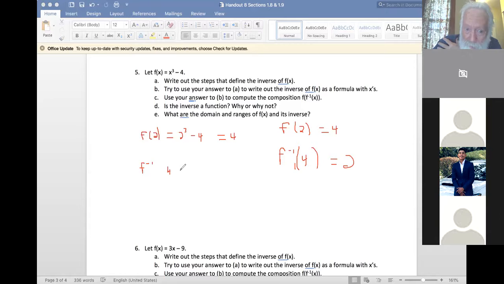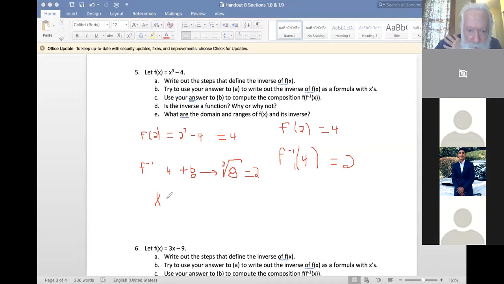Does that make sense? Yeah. Because that's the last thing I did. And then I have to take the cube root. So you just write it like that. And then what's the cube root of 8? 2. Right, so that works. Again, I started with x, and what's the first thing I did?